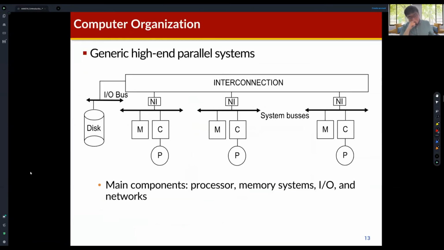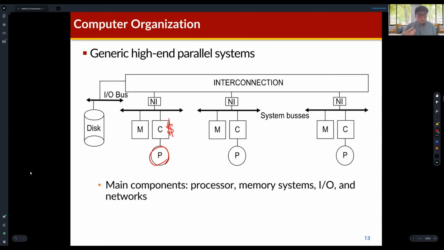Okay, so this is a conceptual view of general high-end parallel systems. As you can see, this is the core, a separate CPU chip, and then the cache, and the processor is here.